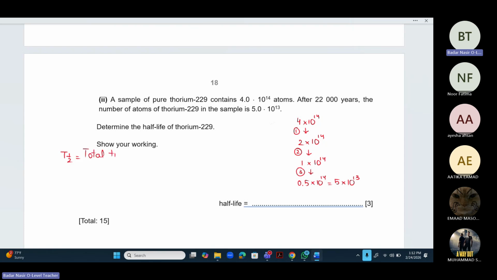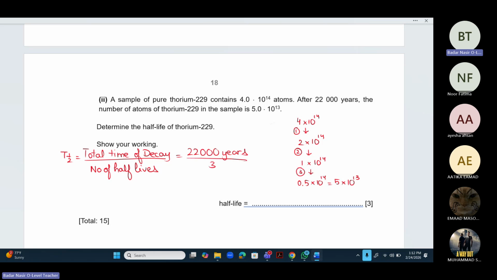So if you have to calculate the half-life, how will it come? Total time of decay divided by the number of half-lives. So the total time of decay is 22,000 years, divided by 3.